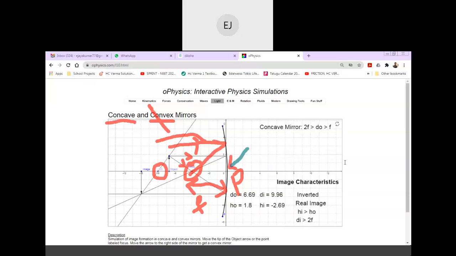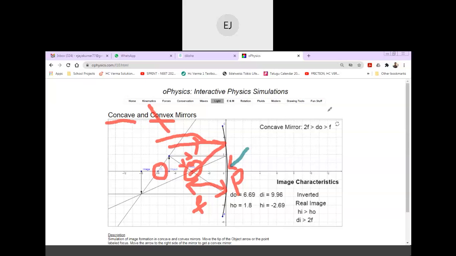Yes. When you send an incident parallel beam only, they meet at focus. Sir, this is the case with concave mirror only?